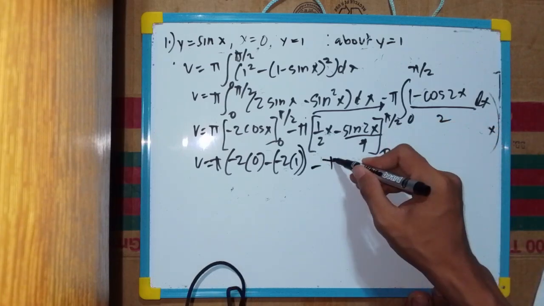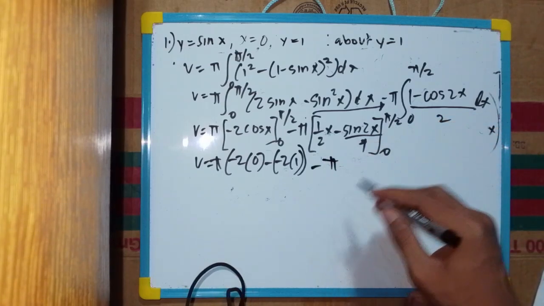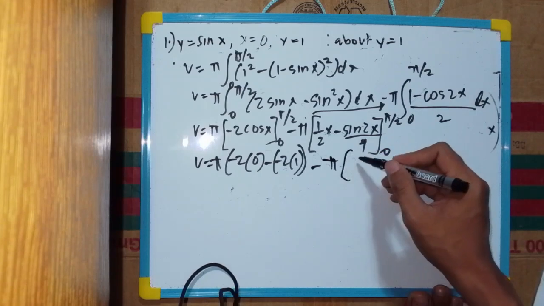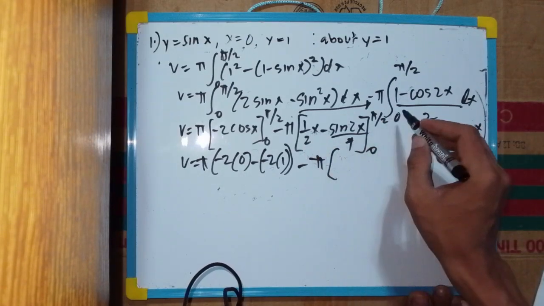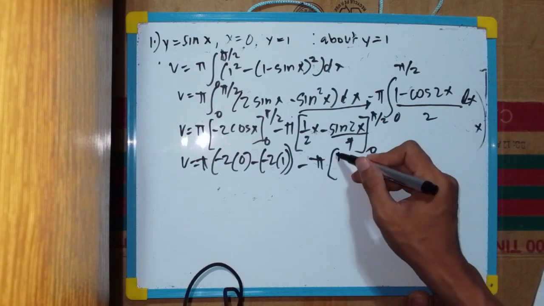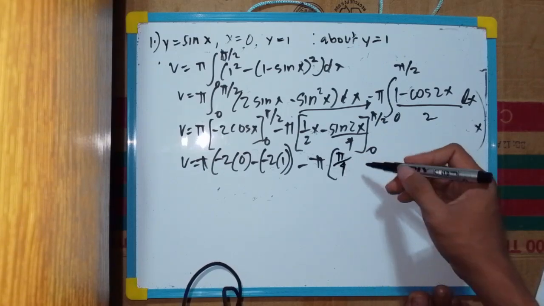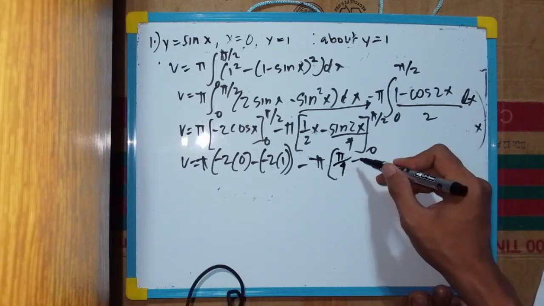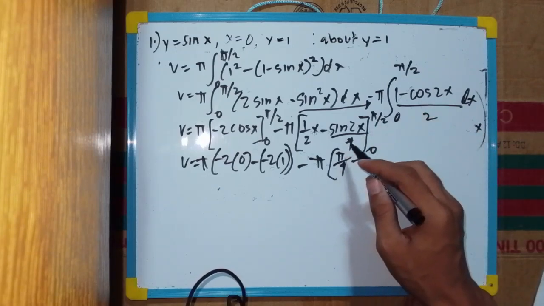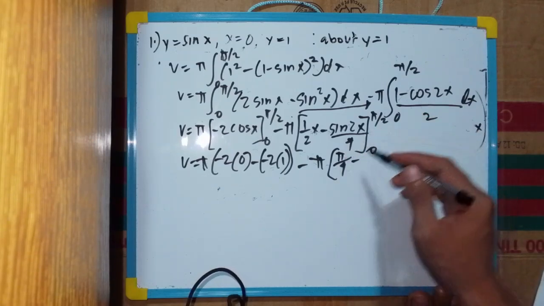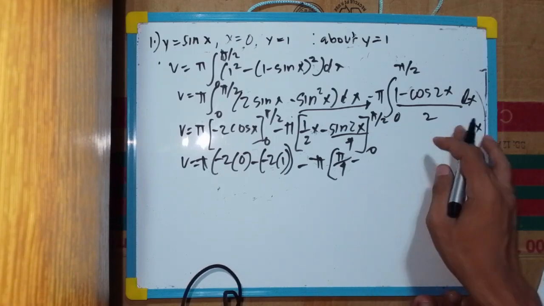Minus pi halves times pi over 2, which is pi over 4, minus sine of 2 times pi over 2, so the remaining is pi, and sine pi is 0.